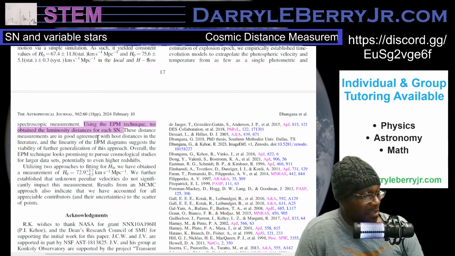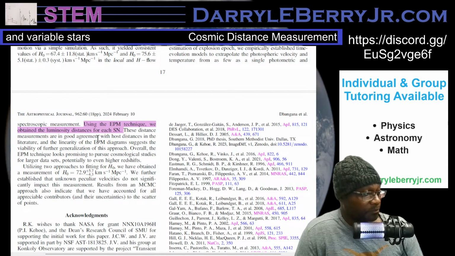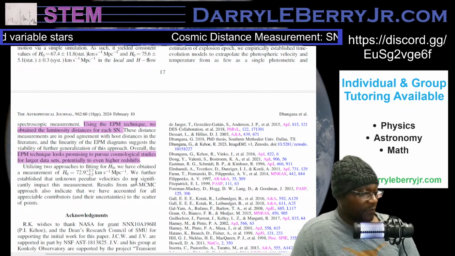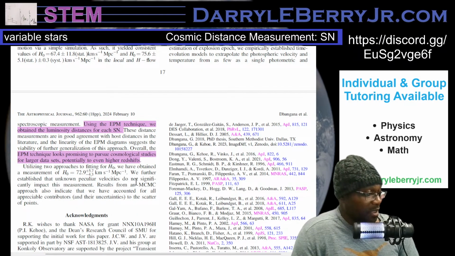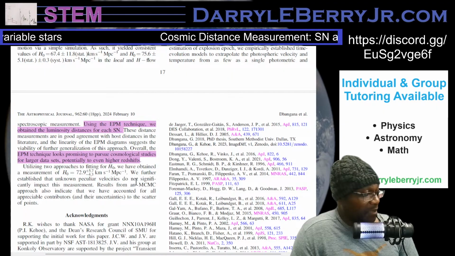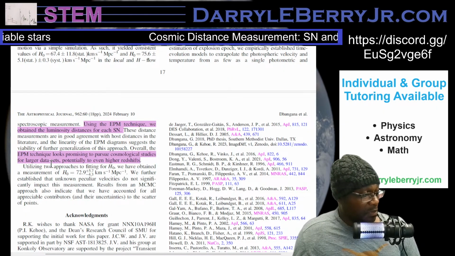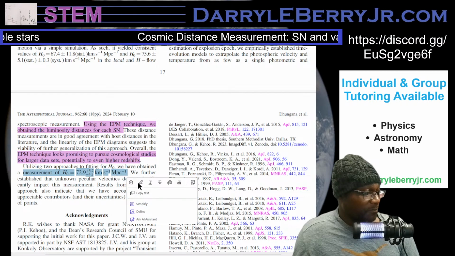Overall, the EPM technique looks promising to pursue cosmological studies for larger data sets, potentially to even higher redshifts. Utilizing two approaches to fitting for the Hubble constant, we've obtained a measurement of H0 about 72.9 kilometers per second per megaparsec.